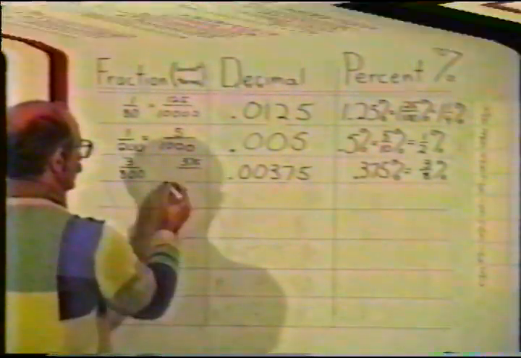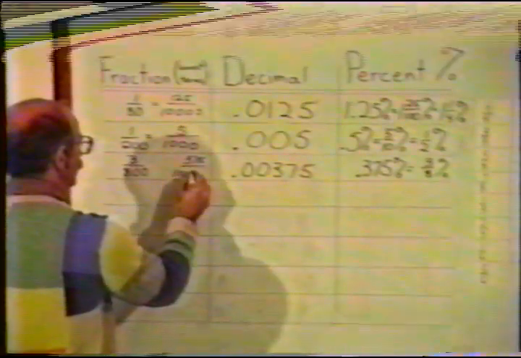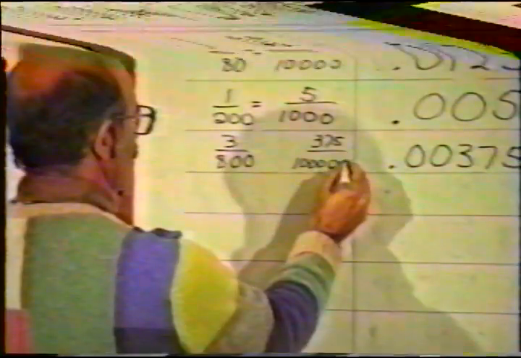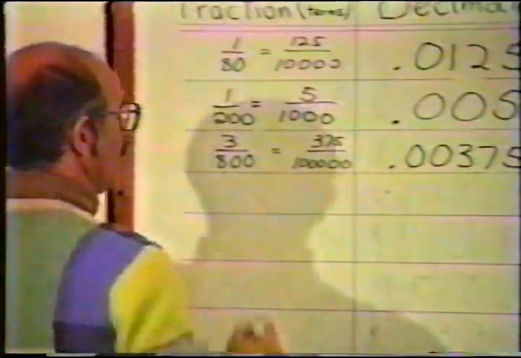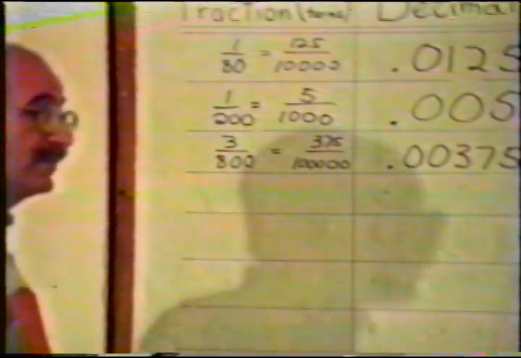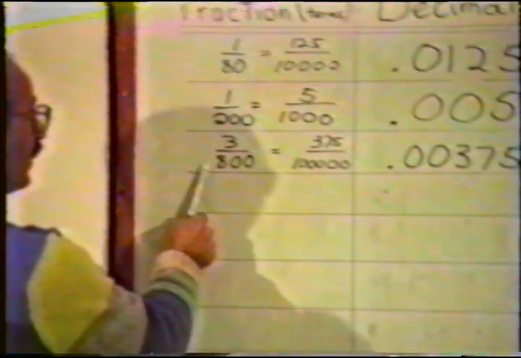375 hundred thousandths. 100 thousandths, one more 0. And if we work at reducing that, we'll see we can get it down to 3 into 800.